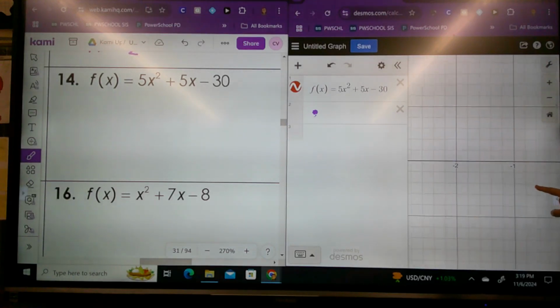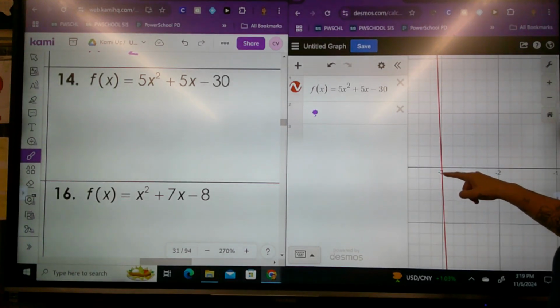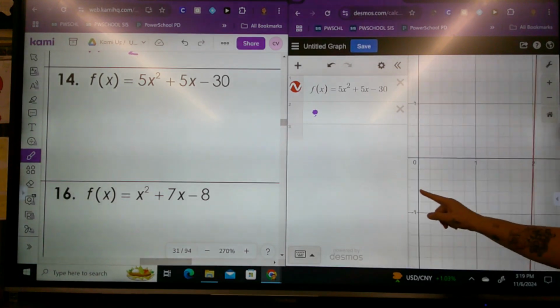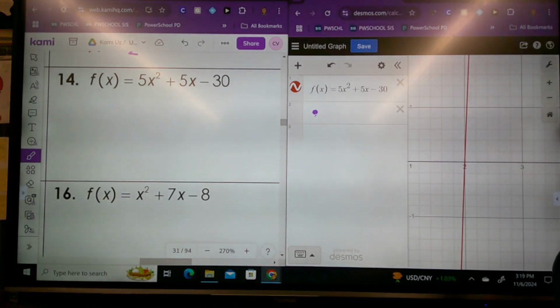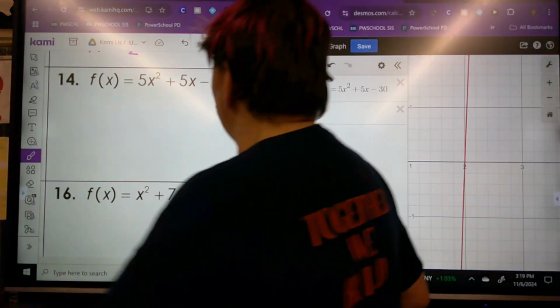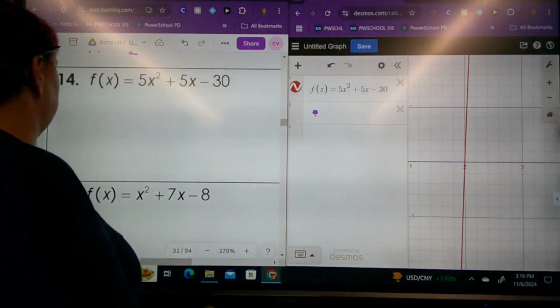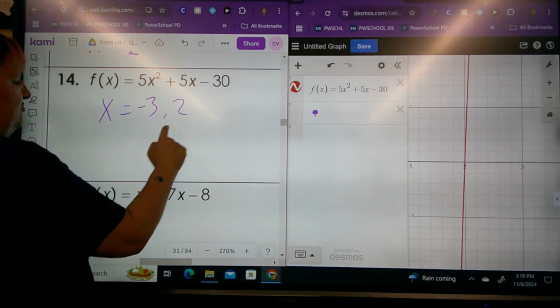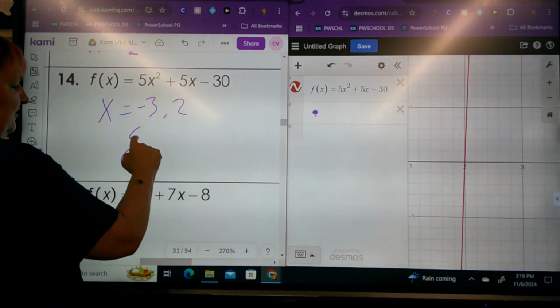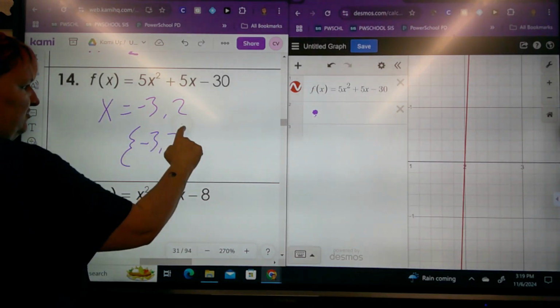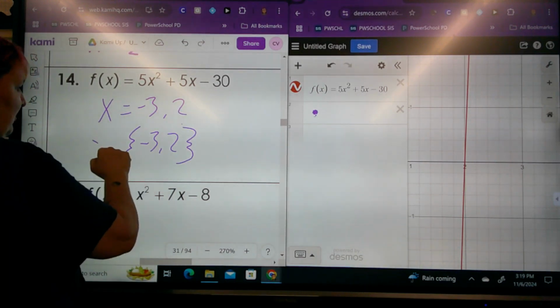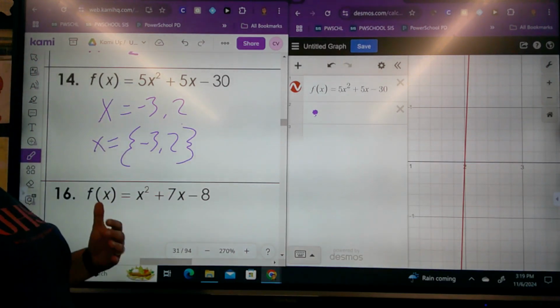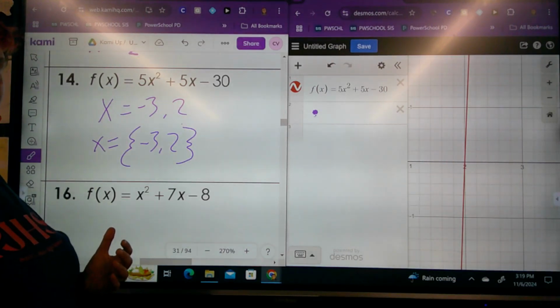You can zoom in and find your zeros. At -3, it crosses the x-axis, and at 2, it crosses the x-axis. So our zeros, right, are -3 and 2, or -3 and 2, or I would prefer that you put them in coordinates.